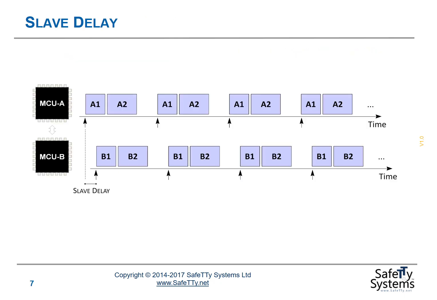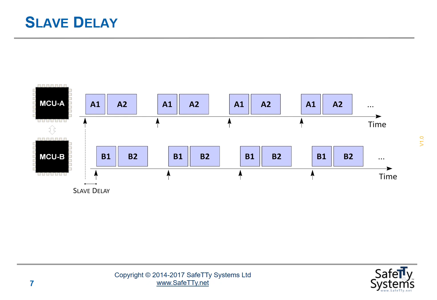So let's look at slave delay again. Suppose we've got two processors like this and they're running these sets of tasks. So microcontroller A is a master node, microcontroller B is a slave node in a shared clock network. So MCU A runs the A tasks, MCU B runs the B tasks.